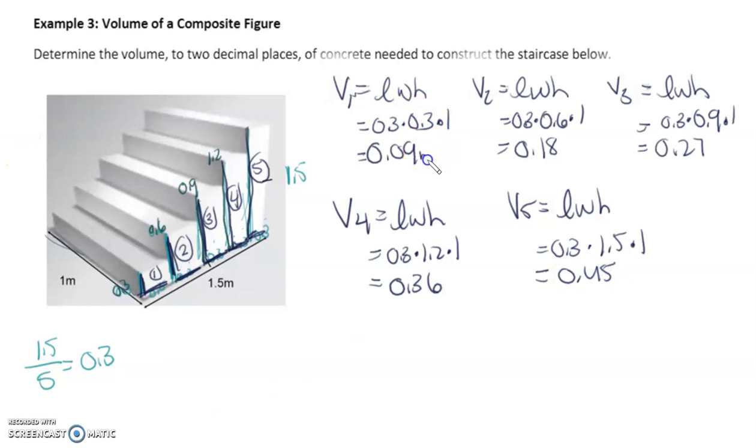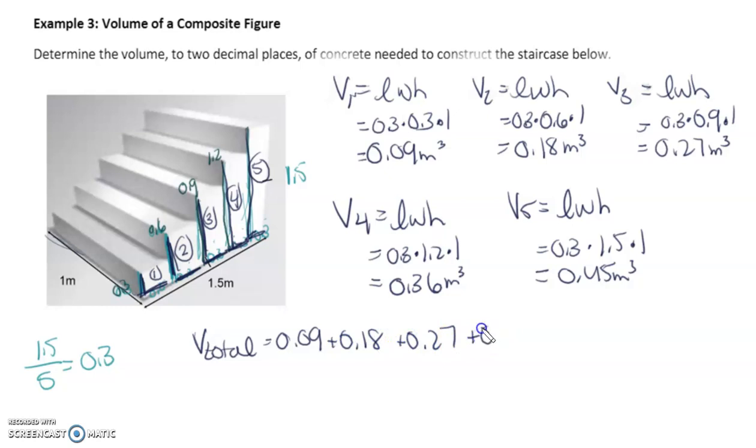Okay, all of these are measured in meters cubed. So if you want to add those, it's good form. Now, again, I'm putting area, so volume, the total volume is going to be 0.09 plus 0.18 plus 0.27 plus 0.36 plus 0.45.